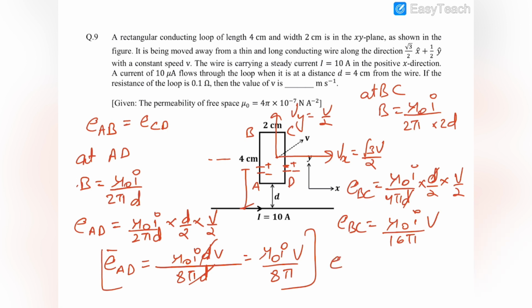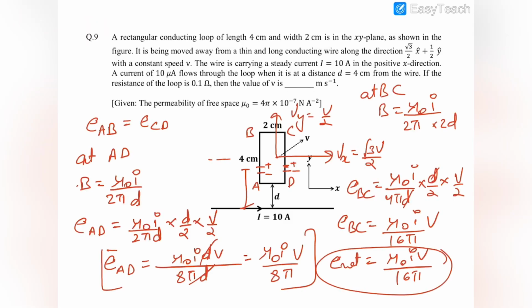Now the net EMF in the loop will be mu naught I V by 16 pi. We have subtracted these two EMF. The reason we have subtracted these two EMF is that they are opposite in polarity, and when we apply KVL in the loop, they will be subtracted.